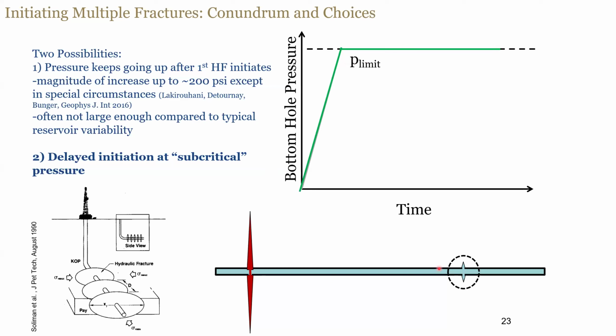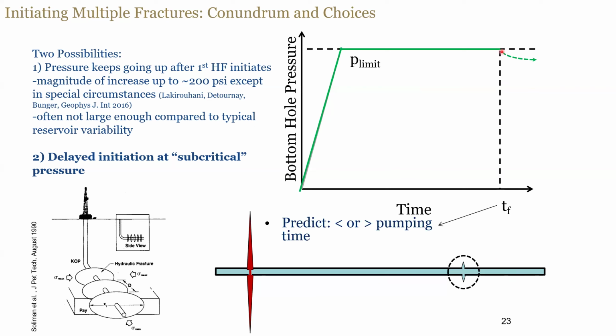Now, this fracture and any others in the stage that haven't initiated yet have this problem that they're now only going to see pressures that they saw before and they didn't initiate. But if they're able to initiate and grow at subcritical pressures, then they can eventually start growing with some delay time.